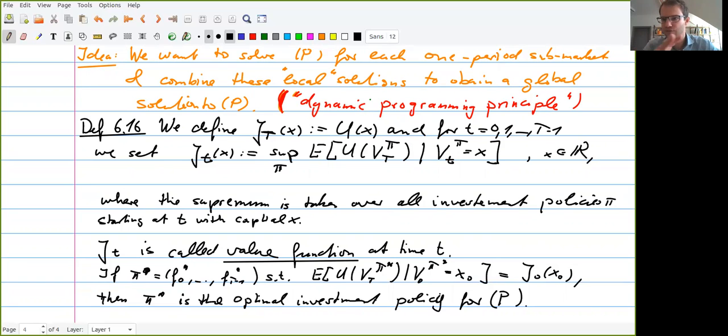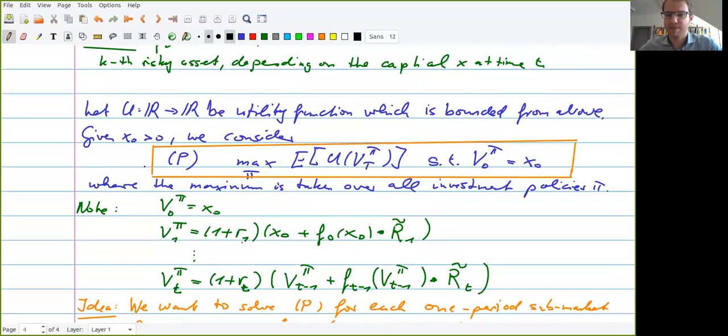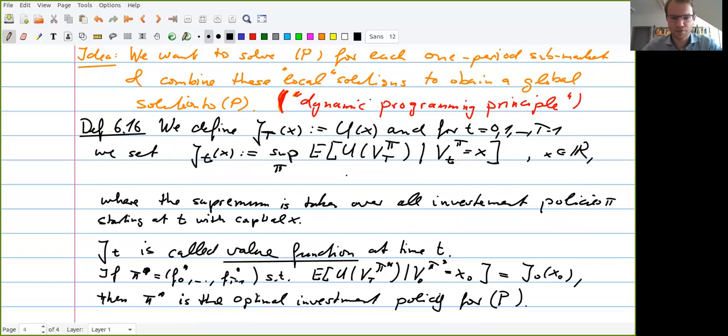So the idea I formulated vaguely here in orange will become mathematically clear in the next theorem and its proof. This is the main idea we want to apply to solve our portfolio optimization problem P. And for this purpose, we introduced this value function and the optimal policy in order to find the optimal investment policy.